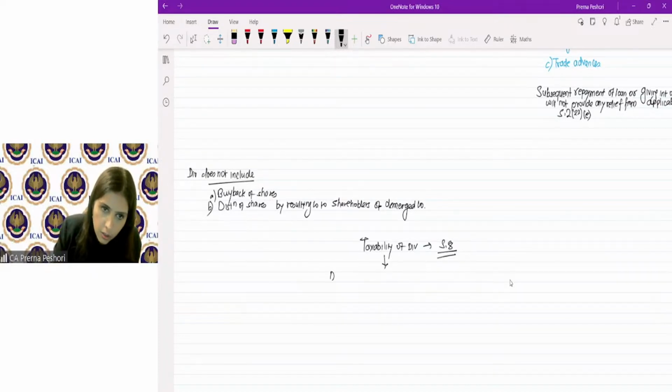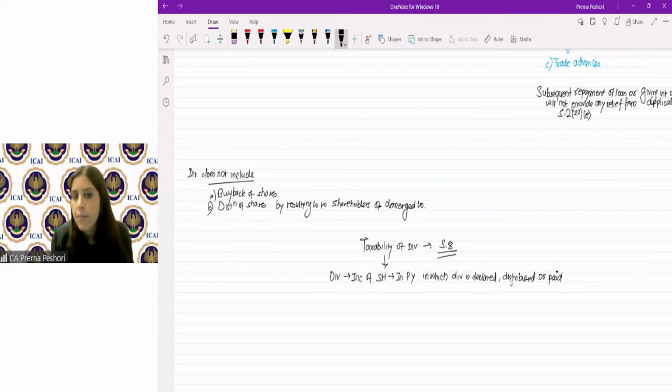So dividend is income of the shareholder in previous year in which dividend is declared, distributed or paid. For the interim dividend, the taxability is in the previous year in which the dividend is made available by the company to the shareholders.